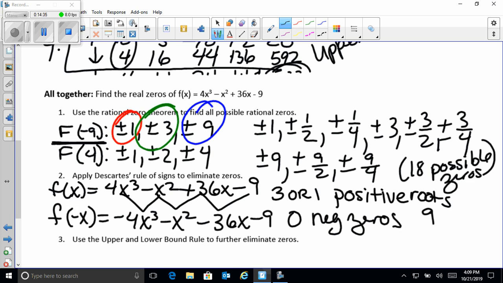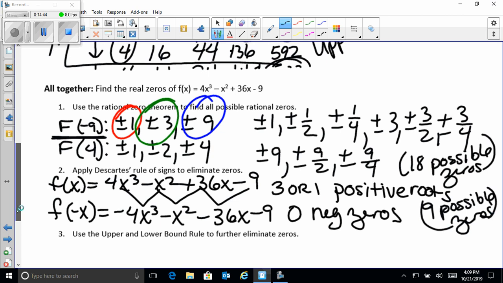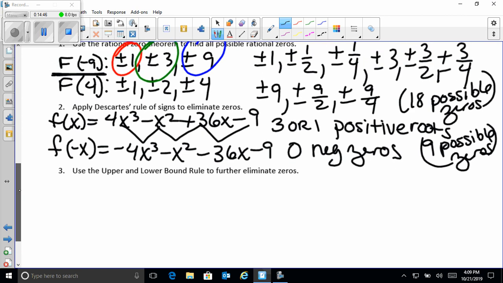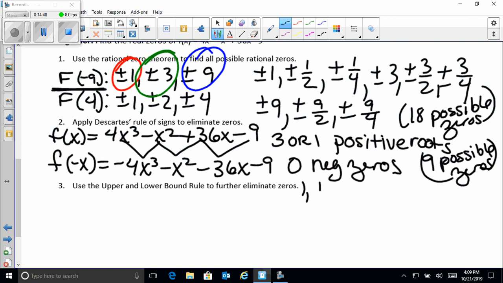Now I have only 9 possible zeros, because it has to be positive, no negatives. So what do I have? I have 1, 1/2, 1/4, 3, 3/2, 3/4, 9, 9/2, 9/4.